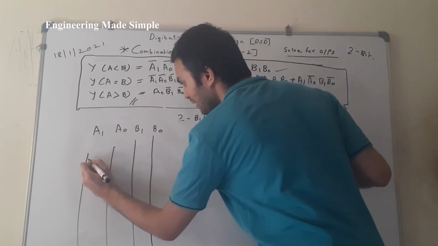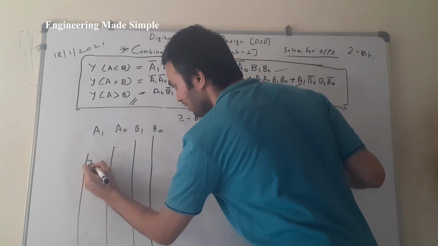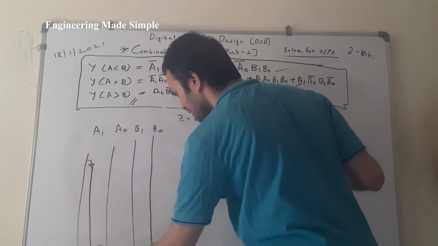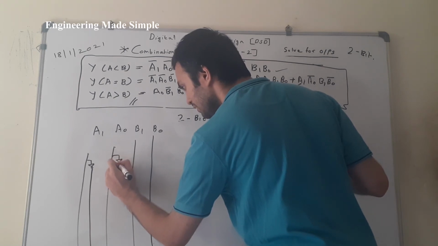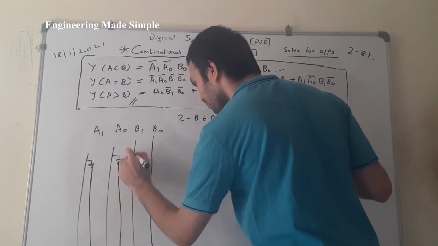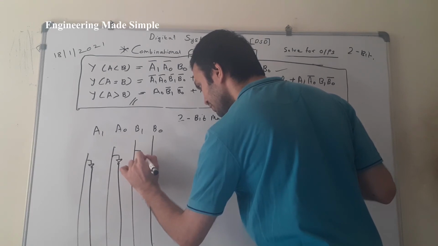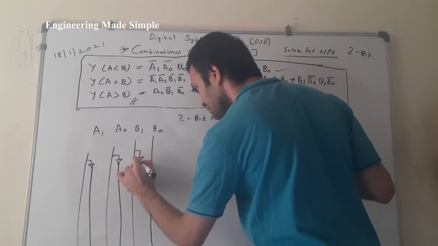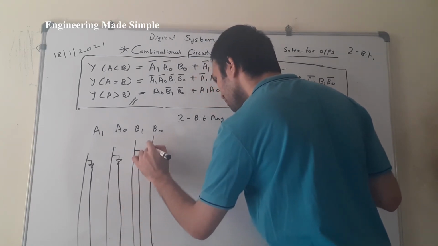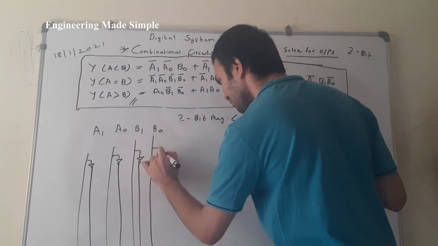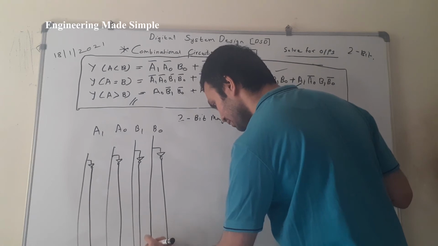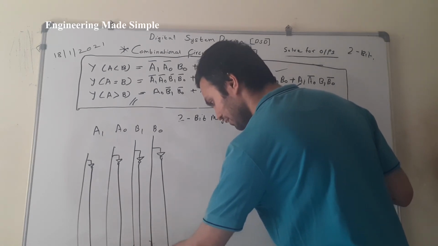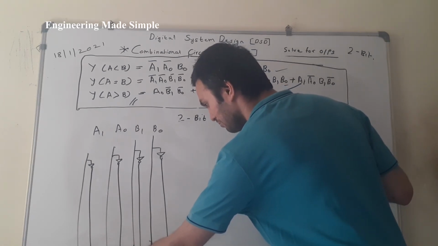So for that we will connect a NOT gate because we are implementing using basic gates. So this is the implementation of a 2-bit magnitude comparator using basic gates. By basic gates I mean implementation using AND, OR and NOT gates only.